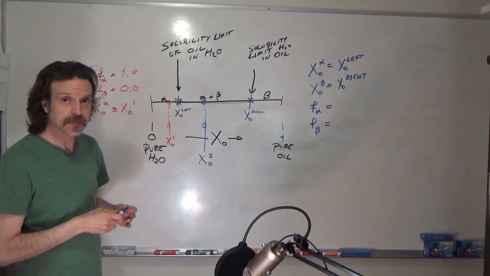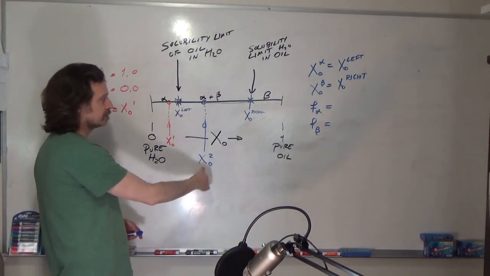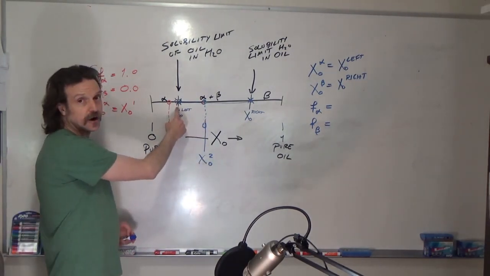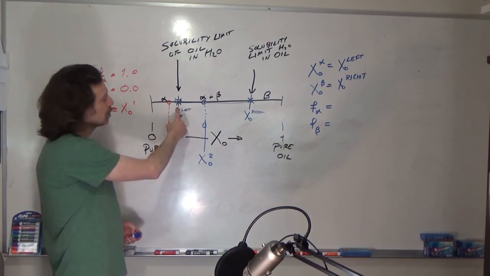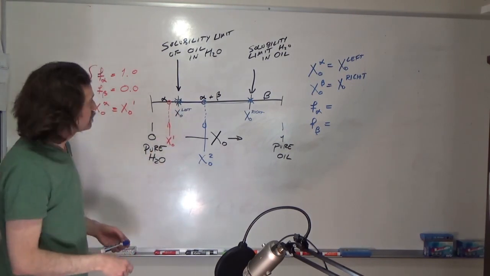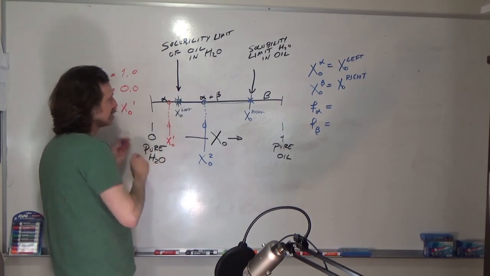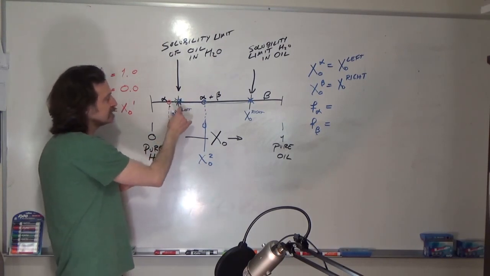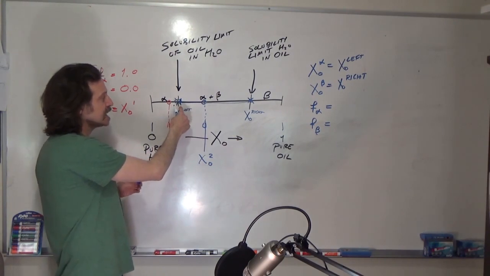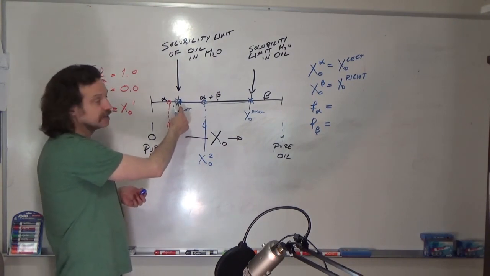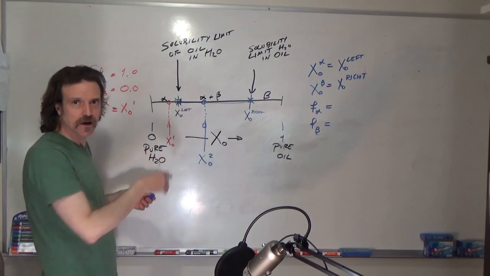So let's imagine that this point is actually right here on the far left-hand side. Well, if it is, then, let's say it's right on the border. Well, then it's basically going to be 99% alpha and 1% beta, roughly.